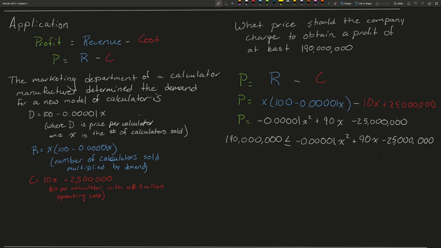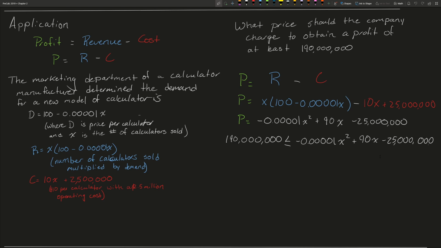In this case, D is the price per calculator and x is the number of calculators sold. Revenue is equal to x times our demand, which is x times 100 minus 0.00001x. The cost of making calculators is $10 per calculator with a $2.5 million operating cost. So cost is equal to 10x plus 2.5 million.